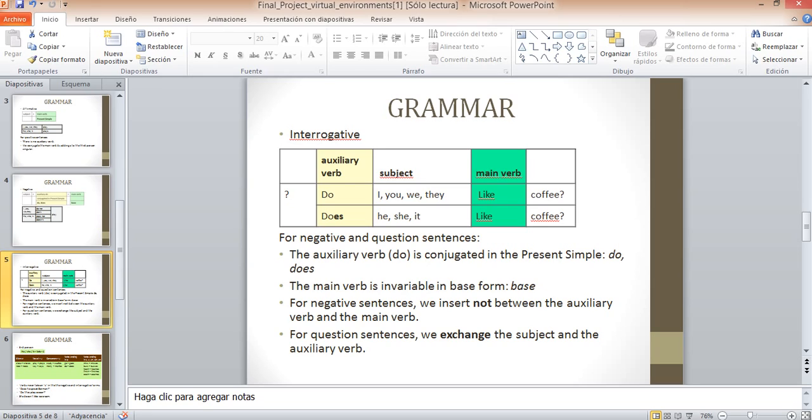For negative sentences, we insert not between the auxiliary verb and the main verb. And for question sentences, we exchange the subject and the auxiliary verb.